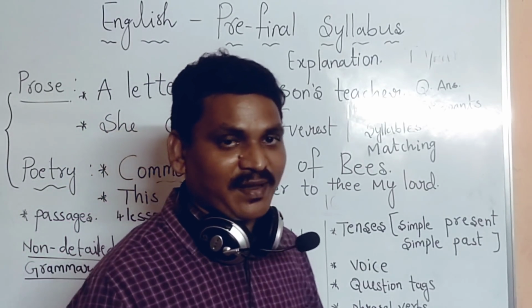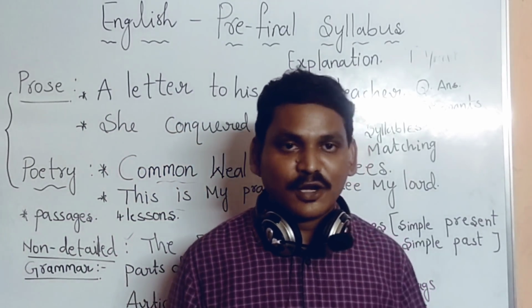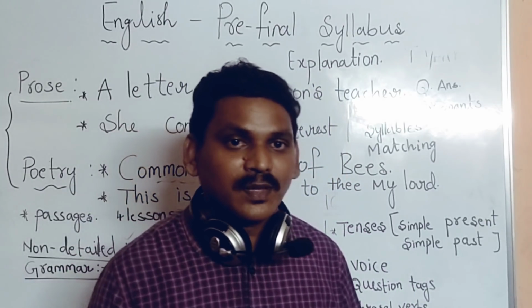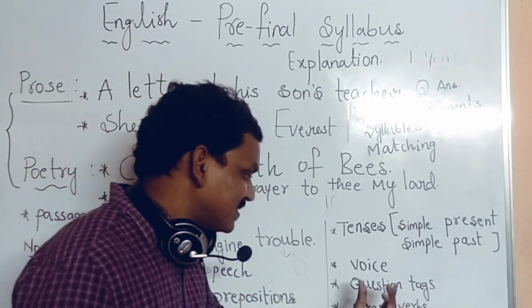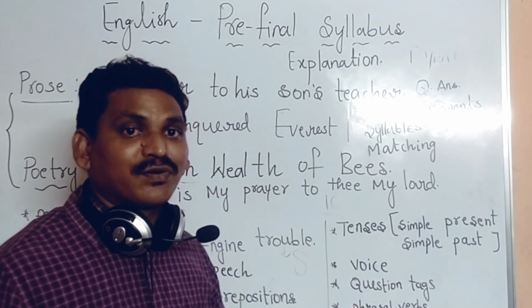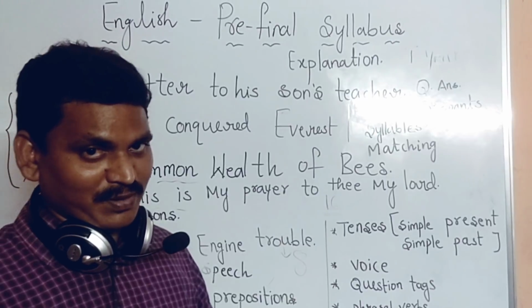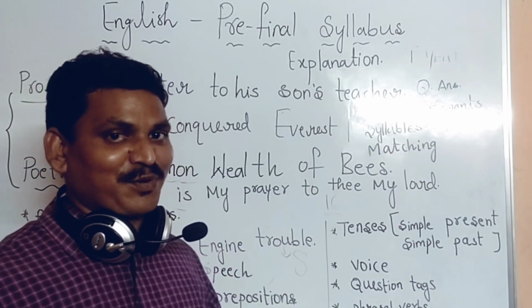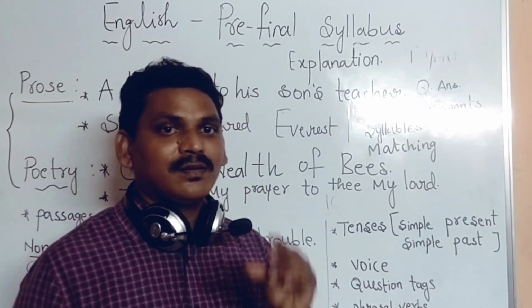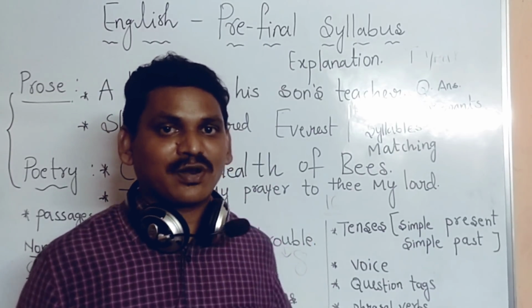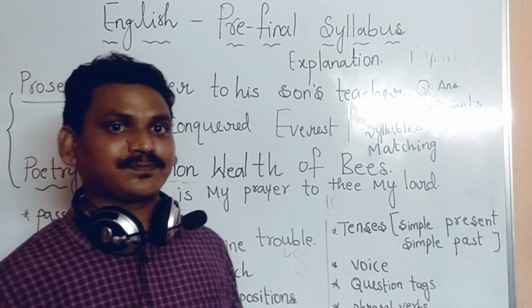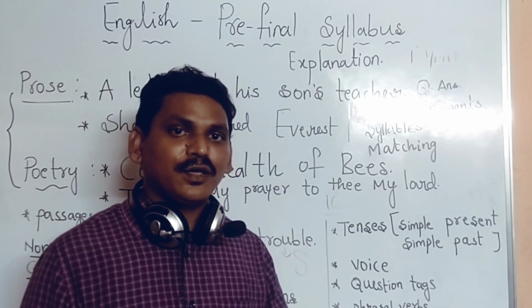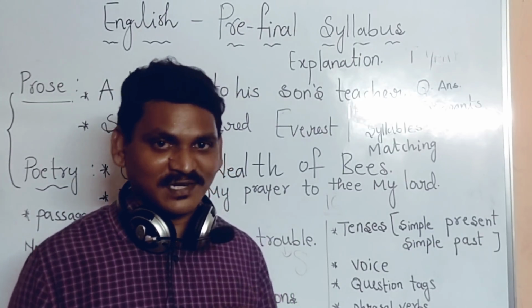And next, phrasal verbs. Phrasal verbs like look after, look into, look at will come. Some phrasal verbs will be given, like broke out, broke into. All these kinds of prepositions will be given as phrasal verbs, and they will ask you to write your own sentences for them.